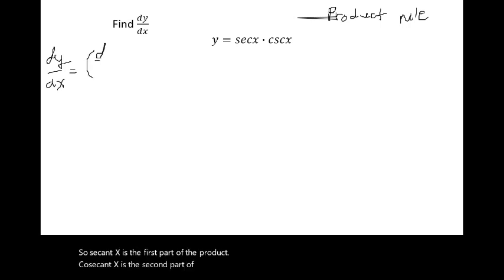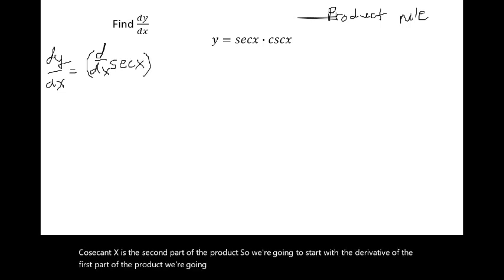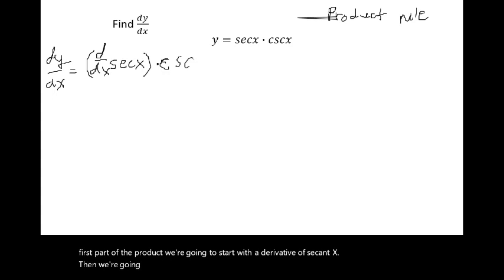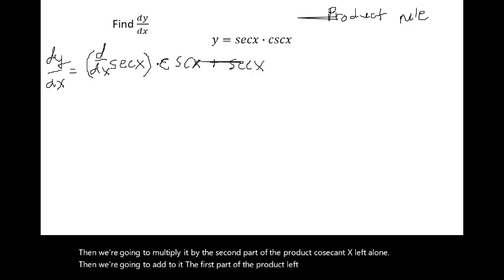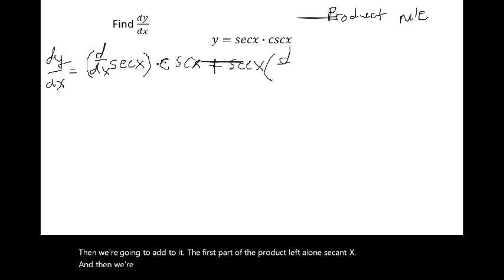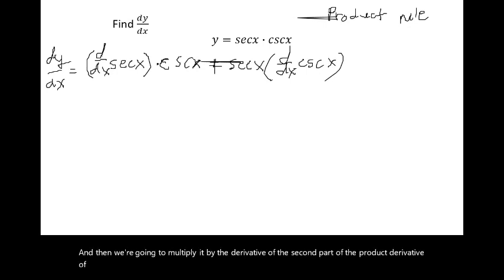So we're going to start with the derivative of the first part of the product. We're going to start with the derivative of secant x. Then we're going to multiply it by the second part of the product, cosecant x left alone. Then we are going to add to it the first part of the product left alone, secant x. And then we're going to multiply it by the derivative of the second part of the product, derivative of cosecant x.